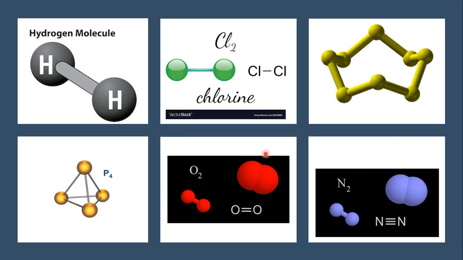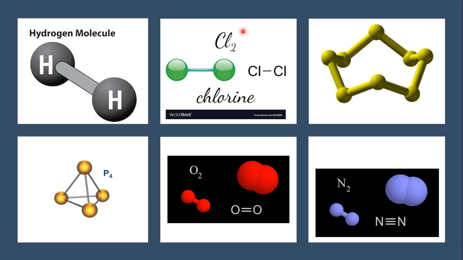So an oxygen molecule has two oxygen atoms in it. One nitrogen molecule has two nitrogen atoms inside it. A hydrogen molecule has two hydrogen atoms inside it, and a chlorine molecule has two chlorine atoms inside it, guys.